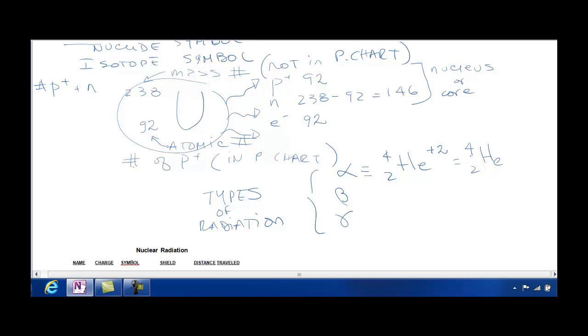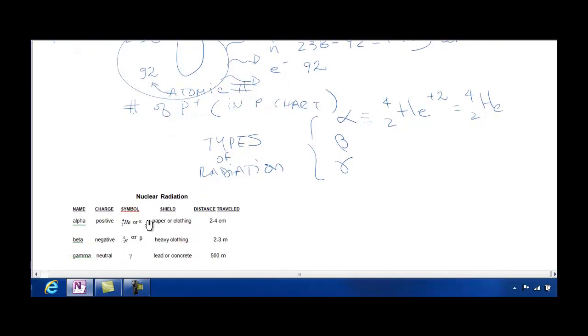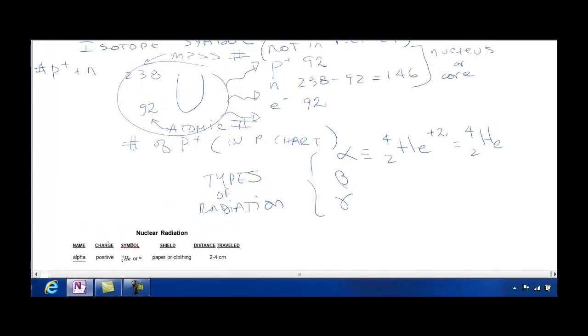That's enough of a protection. So I'm talking about the name alpha particle. I am talking about the charge, and in the case of alpha particles, it's positive, yes. The symbol is going to be He 4,2 or alpha.